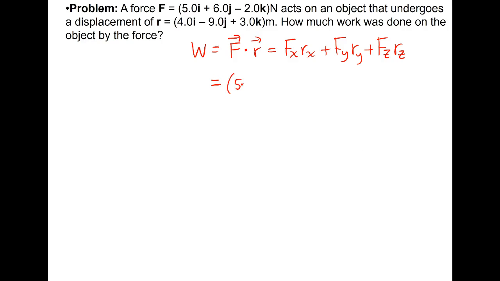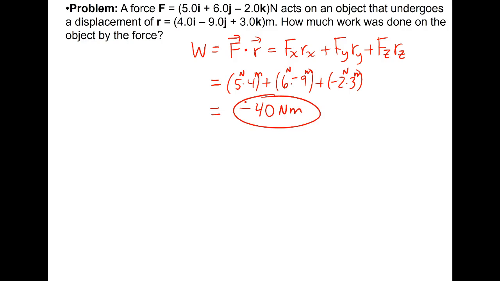So that's 5 times 4 plus 6 times -9 plus -2 times 3, which if we work that all out is equal to -40. And if we're careful about this, all of these numbers are newtons and all of these numbers are meters. So we get Newton meters, which is the unit of work, which we can also call joules. So 1 joule is defined as 1 Newton times 1 meter.